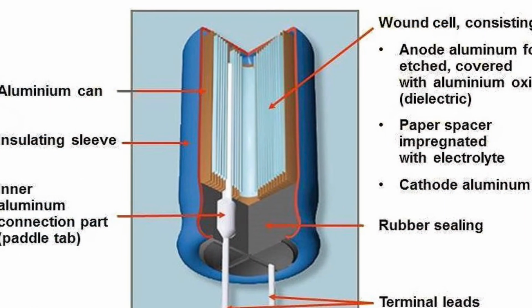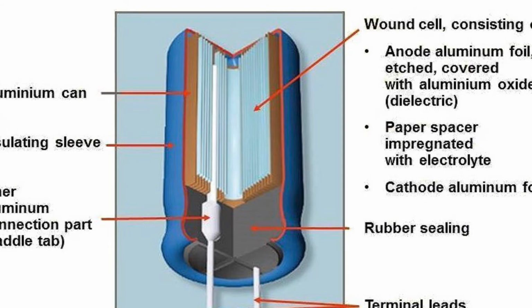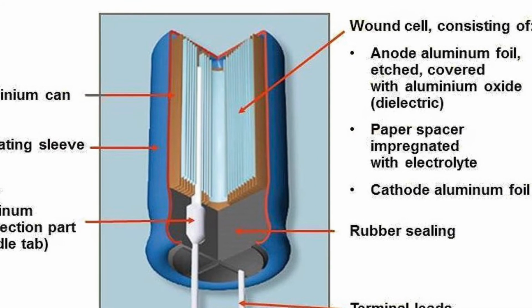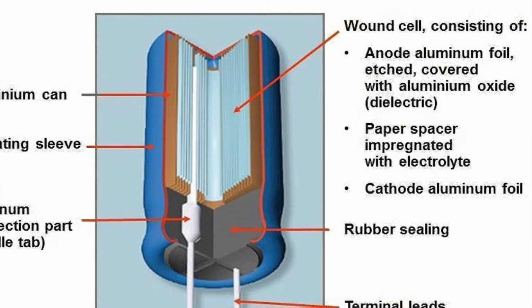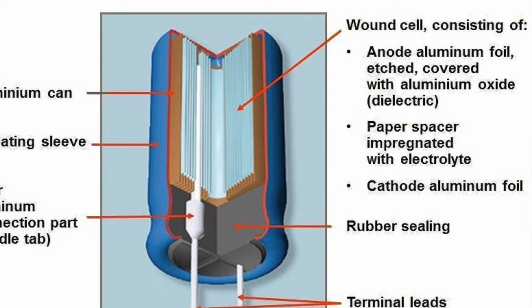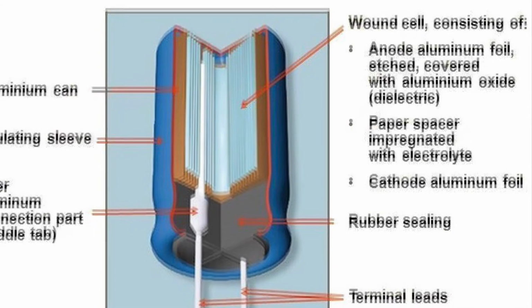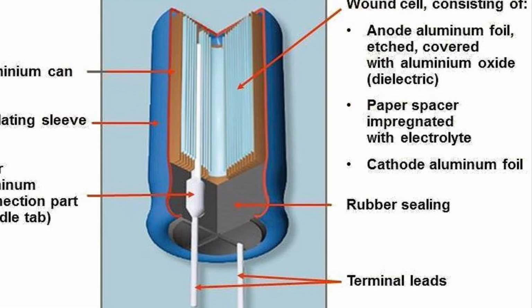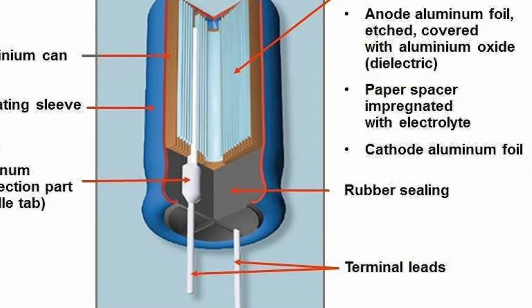Third, the construction of the electrolytic capacitor. Since this capacitor has large capacity, the chemical effect of current is a very good example in the construction of electrolytic capacitors.